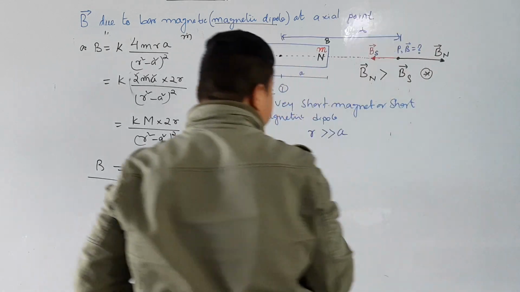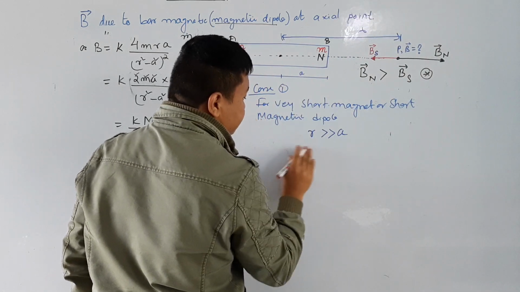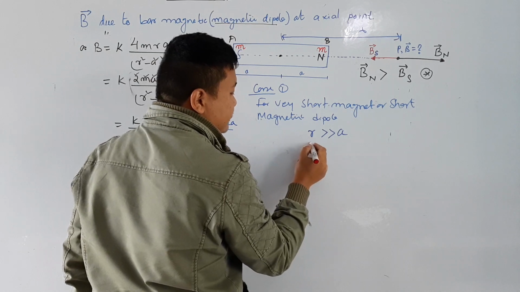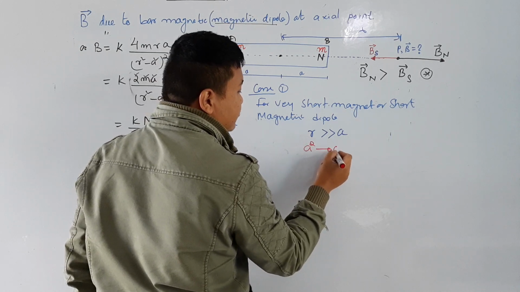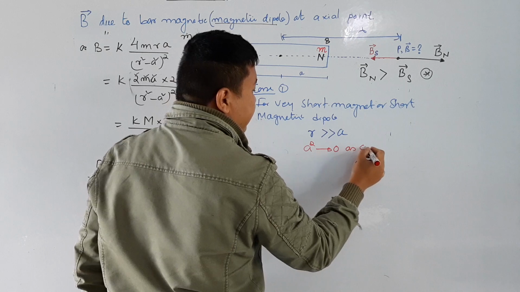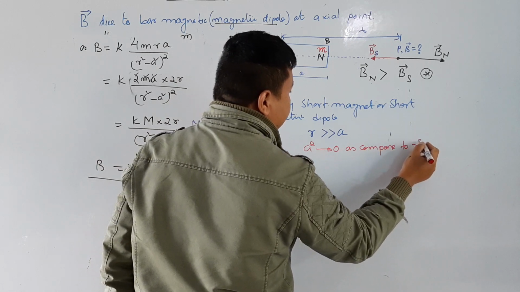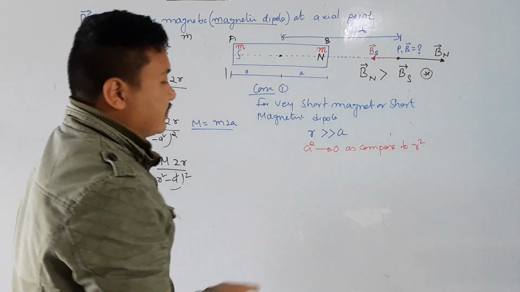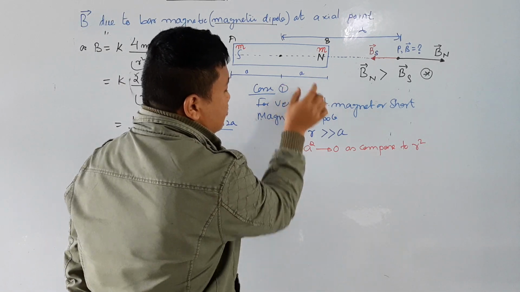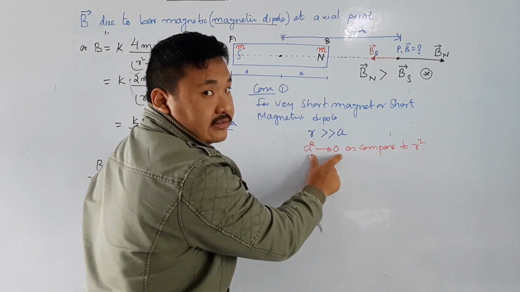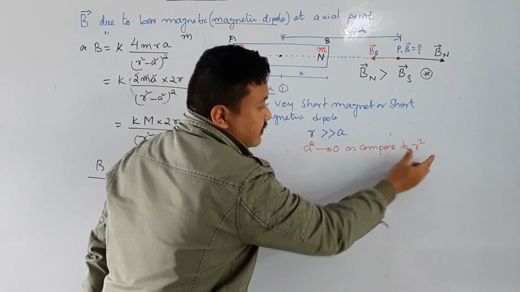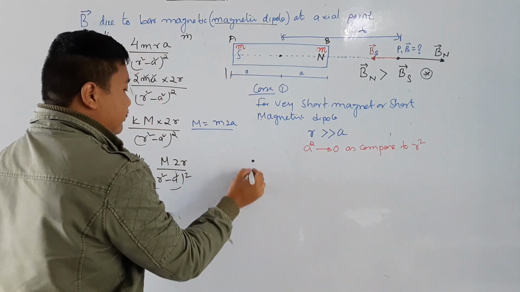Then R is very large, so A square can be treated as 0 as compared to R square.